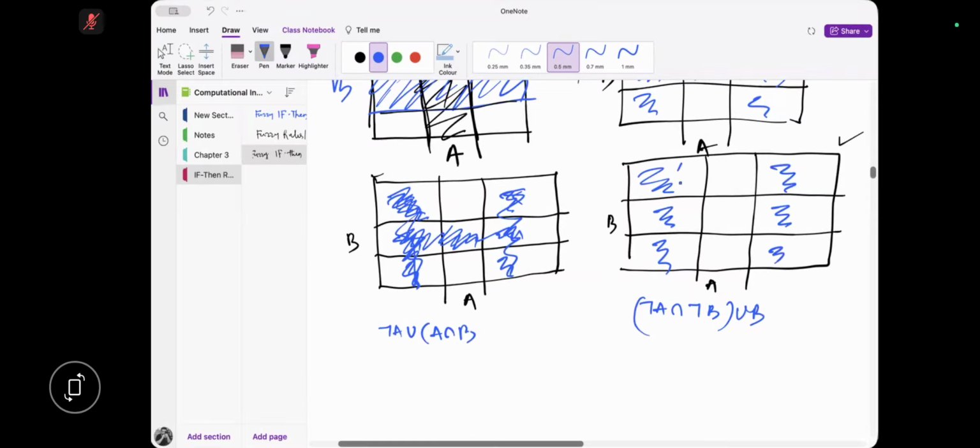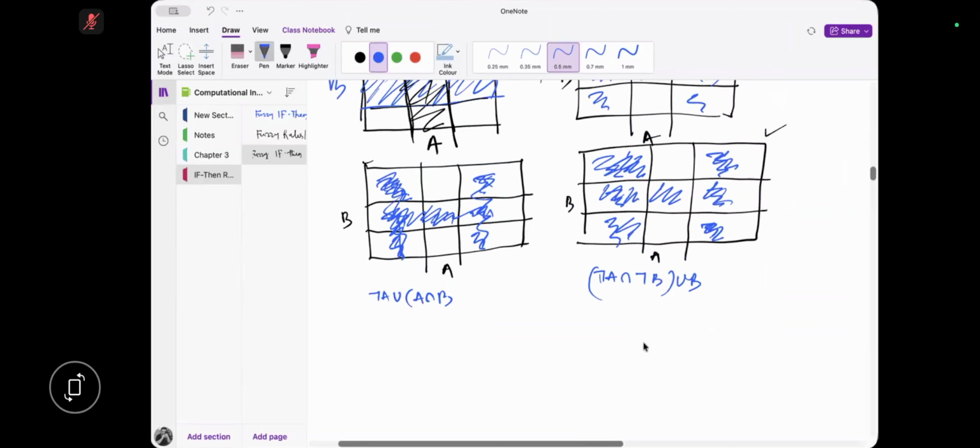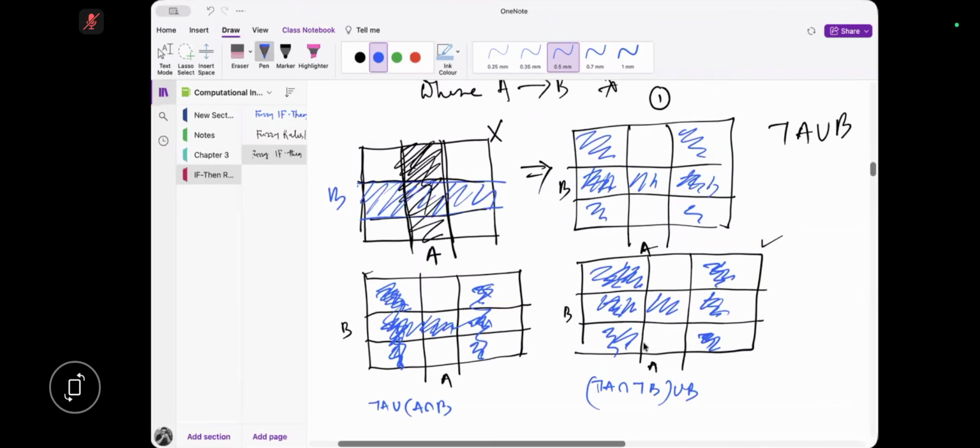Then negation of B is this one. Their intersection is one common point, so I have to remove those points, then union with B. So again this and this. If you observe, all three have the same output. Yes or no?